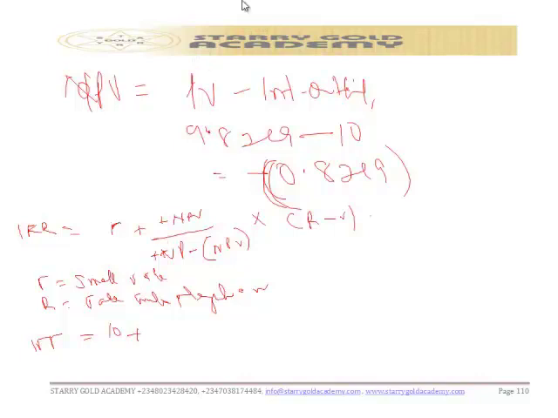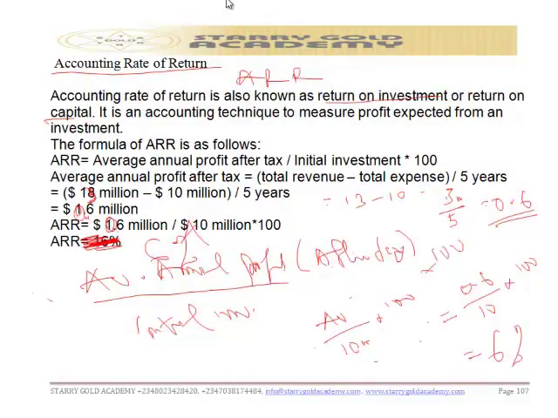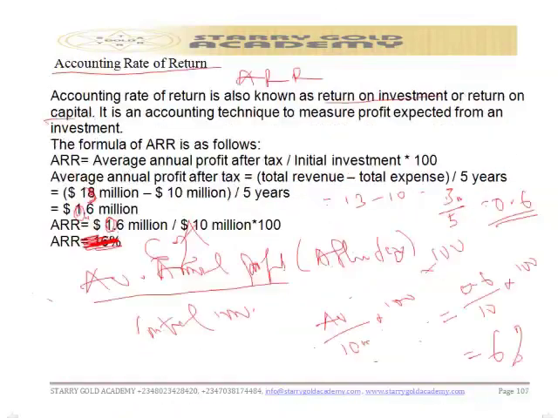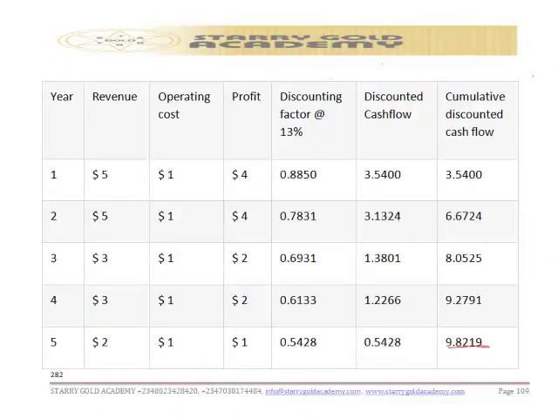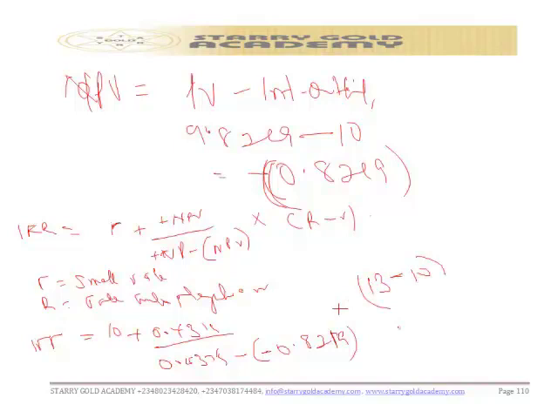I remember it is 0.4315 all over 0.4315 minus negative NPV, which is 0.8219, multiplied by 13 minus 10. That's how it is.